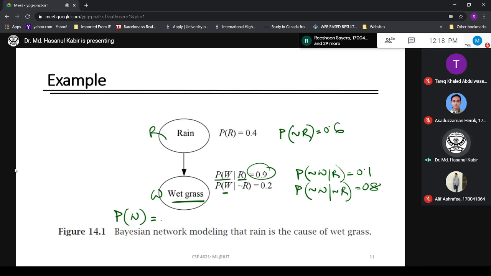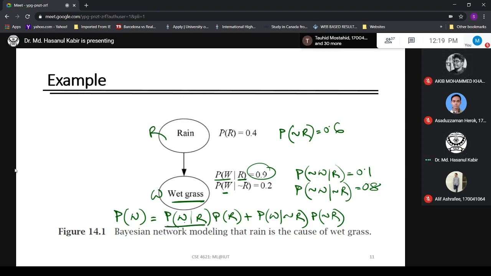From the rules of probability, we can find the probability of the grass being wet given it rained, times the probability of rain, plus the probability of the grass being wet given that it did not rain, times the probability that it did not rain. Yes or no? Is it clear? Yes, sir.